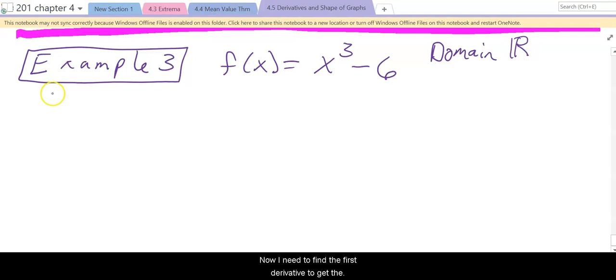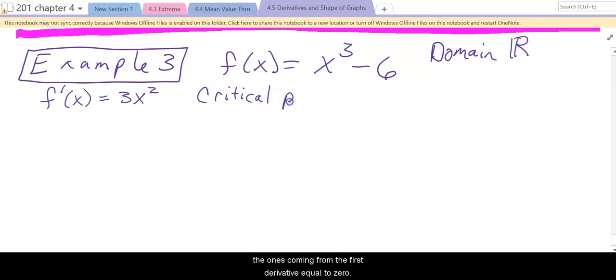Now I need to find the first derivative to get the critical points from f prime equal to 0 and the second derivative to plug them into. The first derivative gives me 3x squared minus 0, or 3x squared. To find critical points, I only want to look at the ones coming from the first derivative equal to 0 for the values where the second derivative test can be applied.